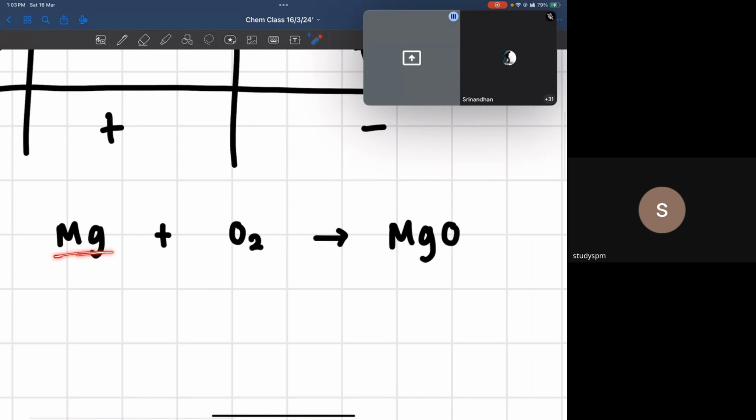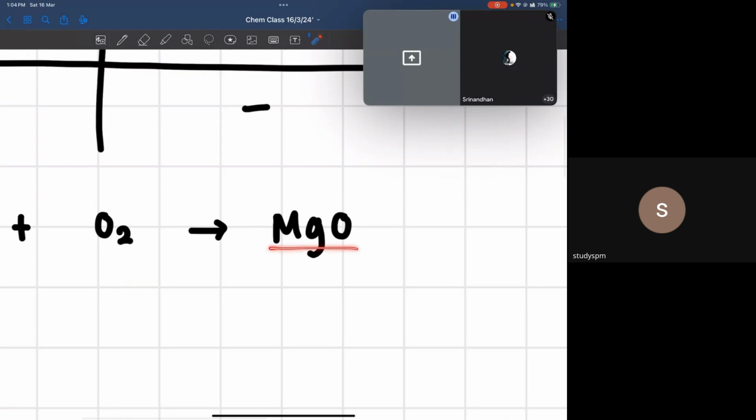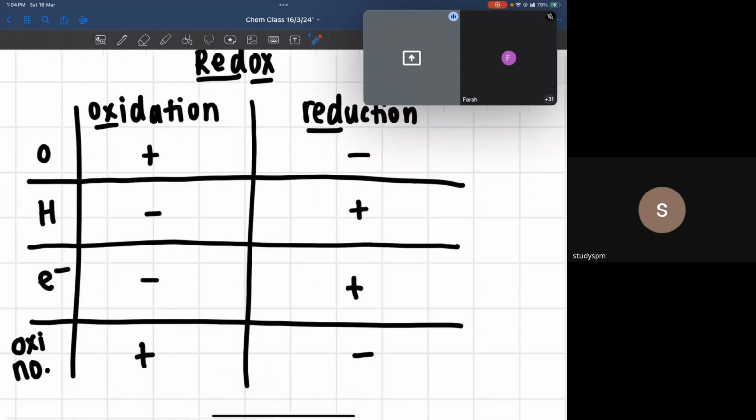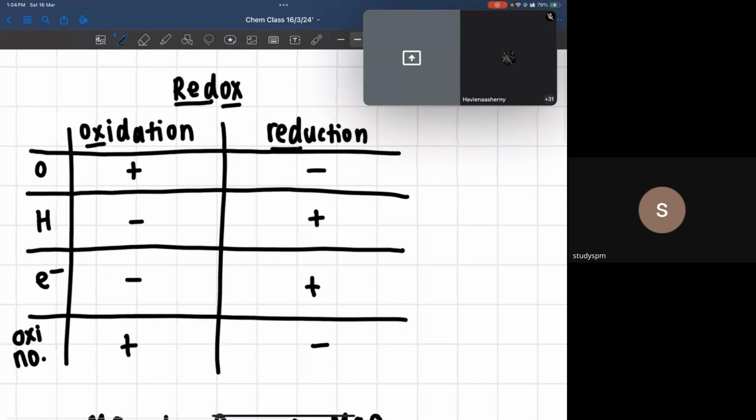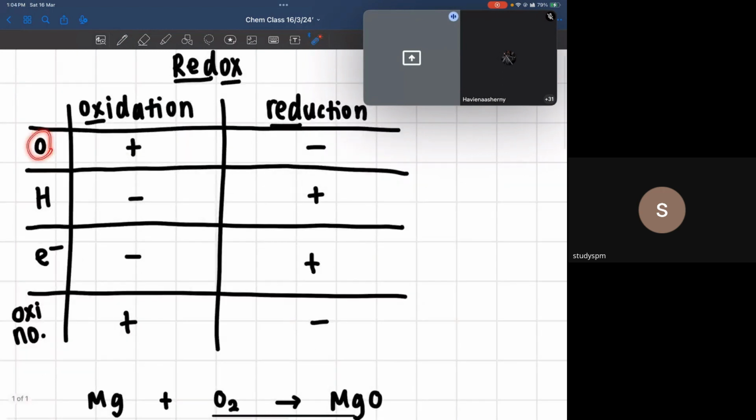So for magnesium, this one is the reactant part, right? We find magnesium in the product part here, right? But there is one oxygen stuck there. Okay, we learned already, if it adds an oxygen atom, is it oxidation or reduction? It's oxidation, right? If it adds an oxygen atom.